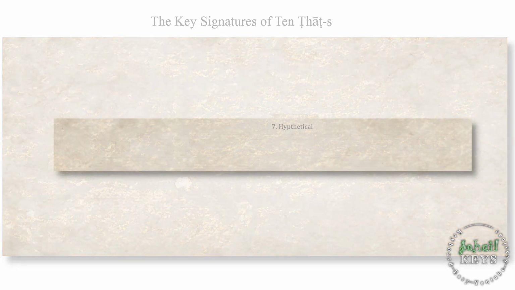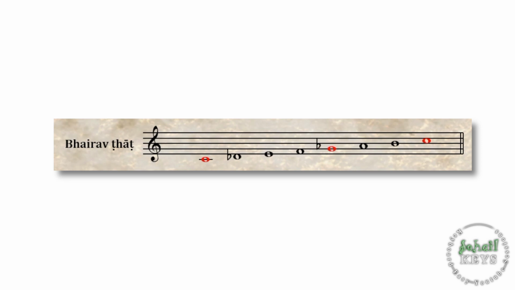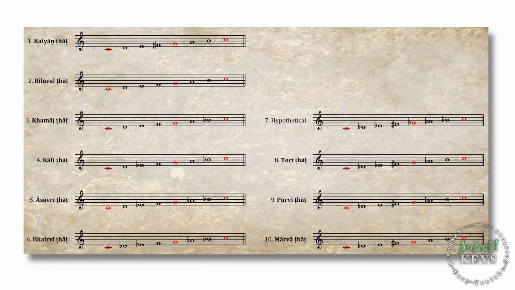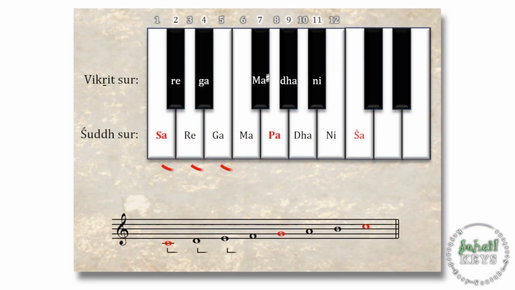Similarly, we can also create a key signature for Bhairav Ṭhāṭ. After examining these scales, we can see that each one has an interval of a perfect fourth. A perfect fourth has an interval of 2.5 steps.